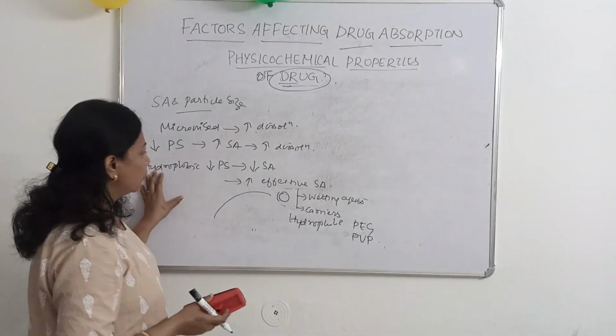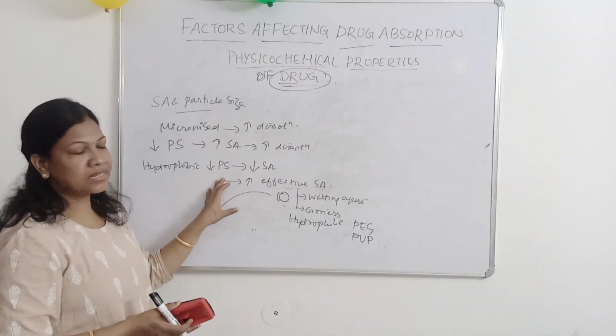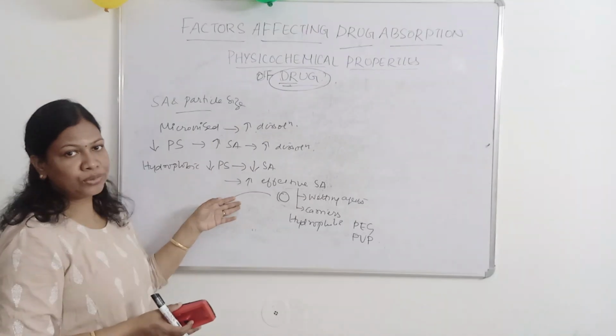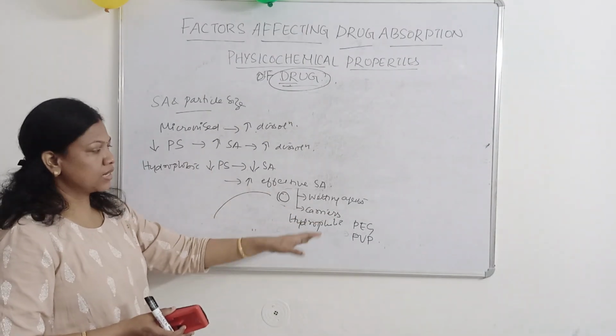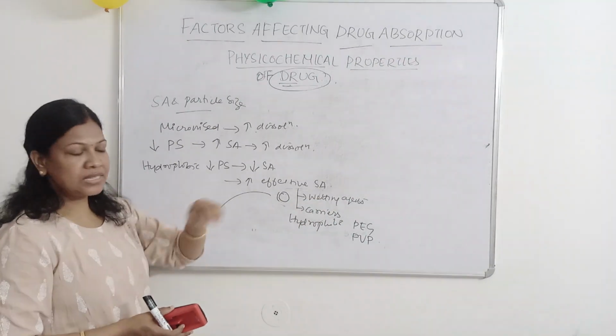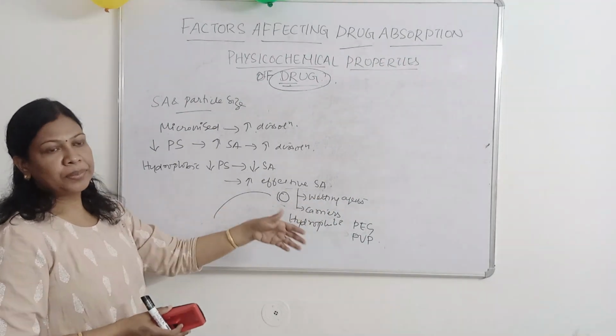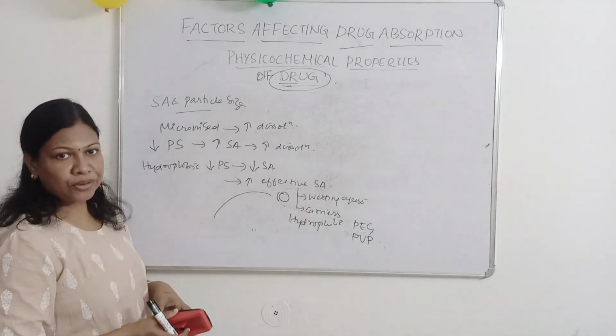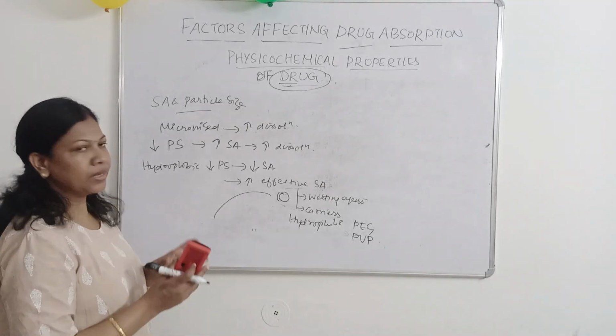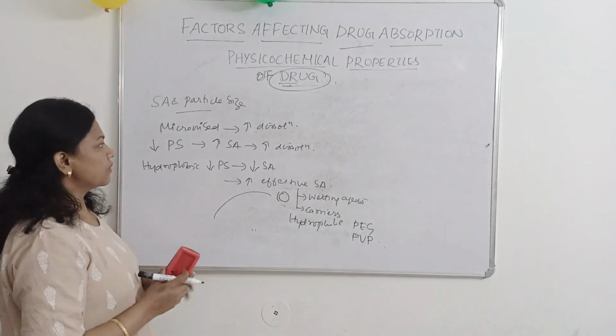So in case of hydrophobic drugs, simply size reduction or micronization will not help. Further, you have to include some wetting agents like surfactants and carriers like PEG or polyvinyl pyrrolidone to increase the effective surface area.